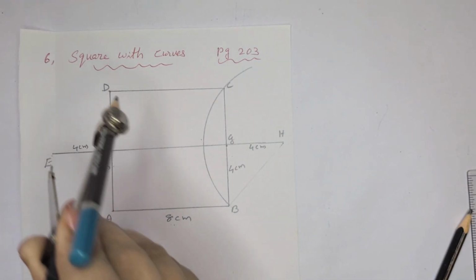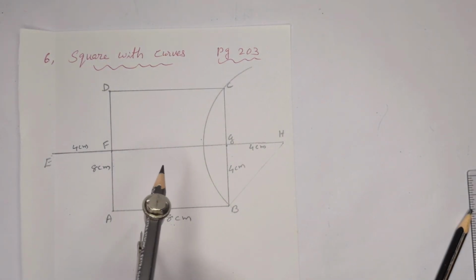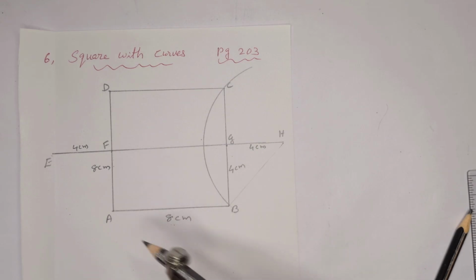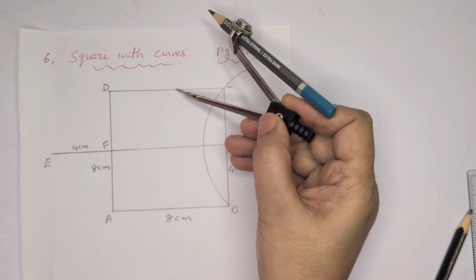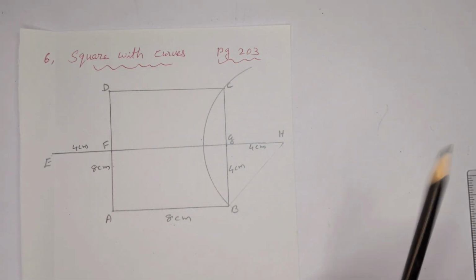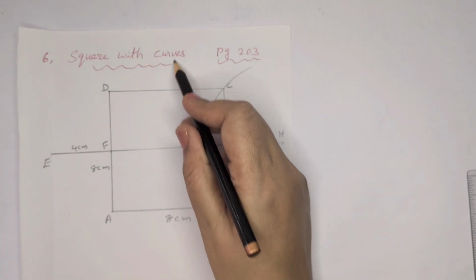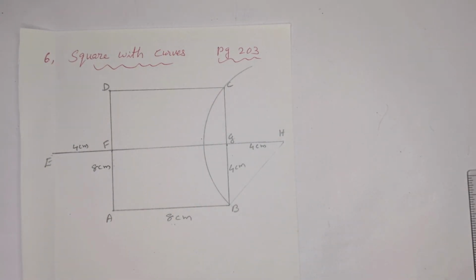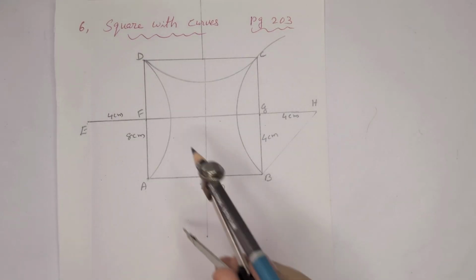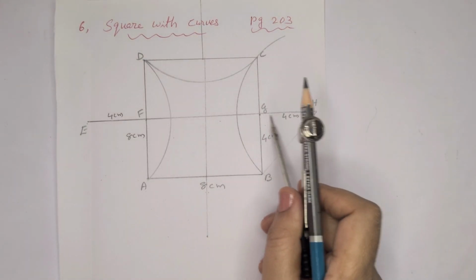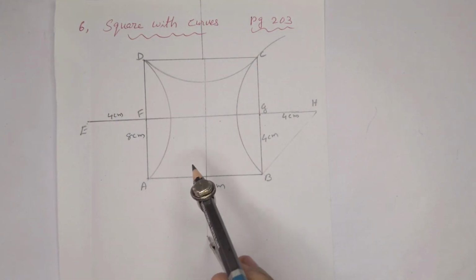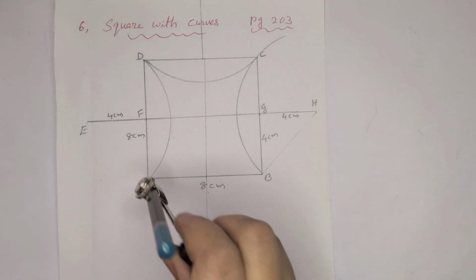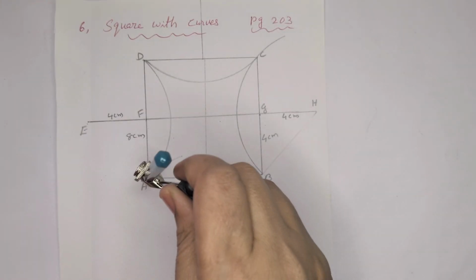Same way from E also. From all sides the same way we have to do. Here also we have to take the midpoint, and extend 4 centimeter up and down and then draw the arc the same way. So for all 4 sides we have to extend 4 centimeter and draw the same way the arc.